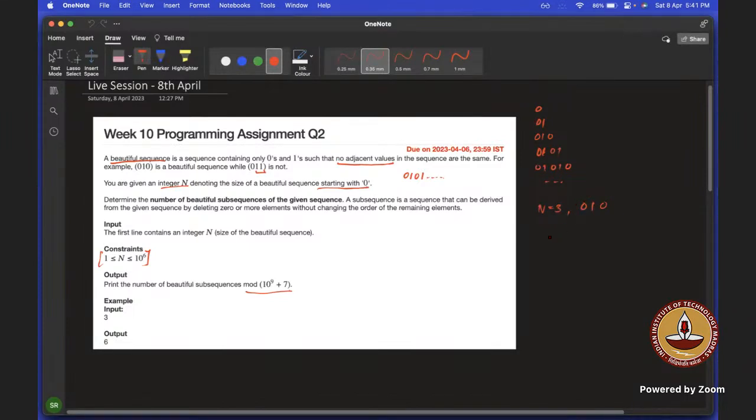And now what would be the number of possible subsequences of this? Well, let's denote it index-wise, 1, 2, 3, because the 0 at index 1 and the 0 at index 3 are different. So the subsequences would be 0 at index 1, and 1 at position 2.